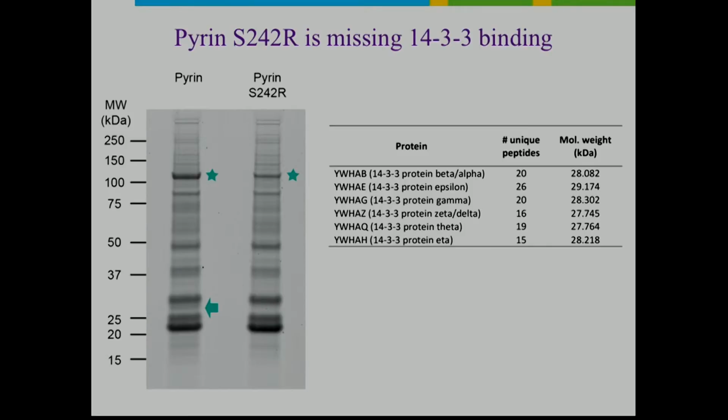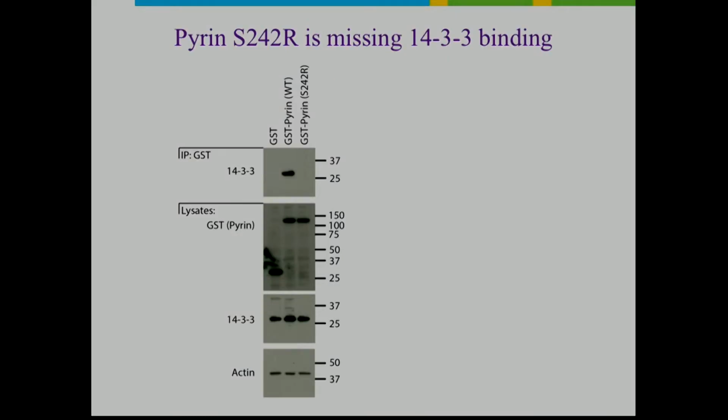But if we cut out that band and do mass spec, we see this band is constituted of a number of different family members of the 14-3-3 family. The 14-3-3 family is able to bind phosphorylated serine residues. So this seems to be bound to the wild-type form, but it seems to be missing from the S242R form. And this is now with a GST pull-down experiment.